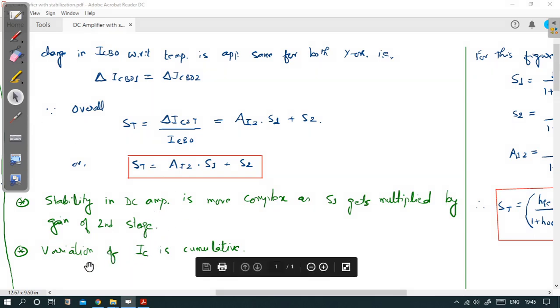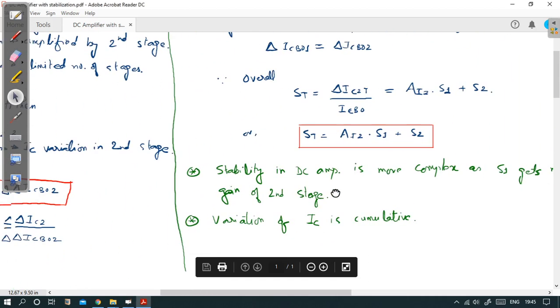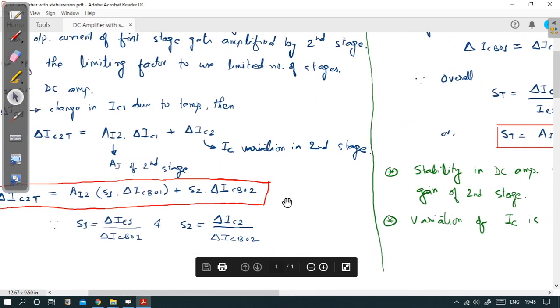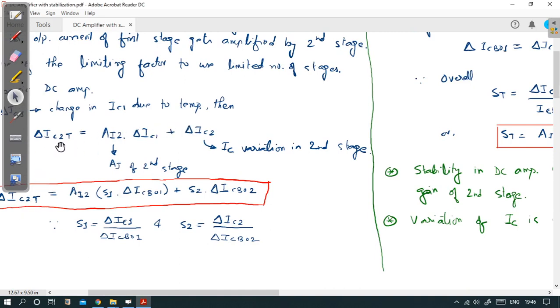So it means that the variation of IC is cumulative. Look at this equation or this equation. Cumulative means that whatever variation is there in IC1 or IC2 or any previous stage, all those variations from the previous stages get amplified by the amplification factors of the corresponding next stages.